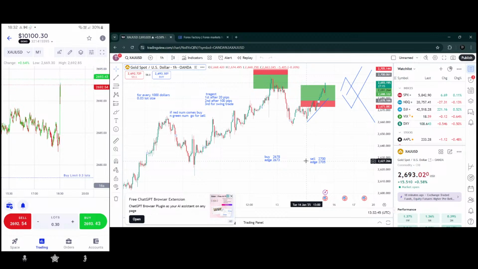So our first entry is not in the market because the market doesn't make a spike today, but we make a sell order at 2700. So we will wait for that setup to get executed. We'll see whether the market goes there or not.